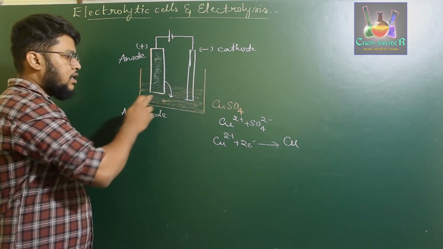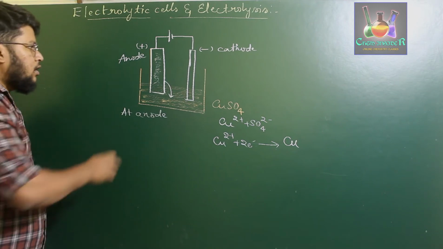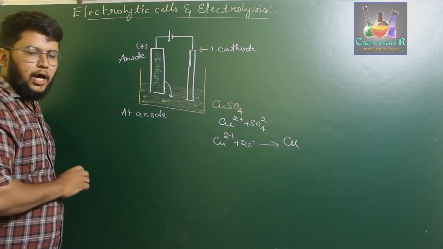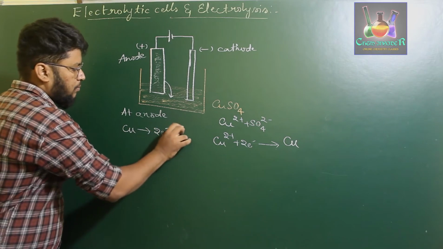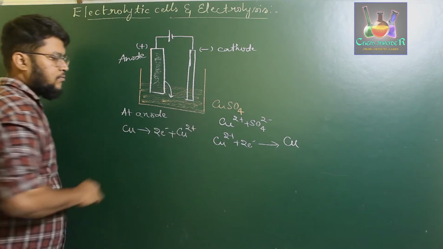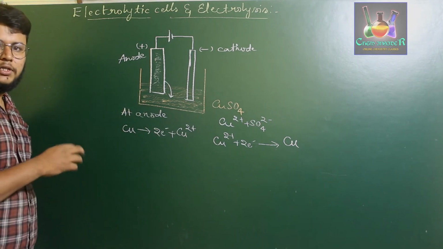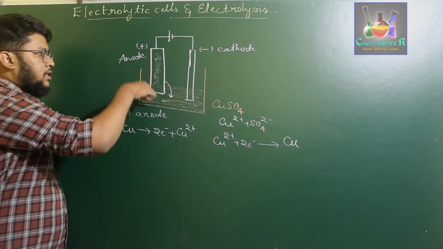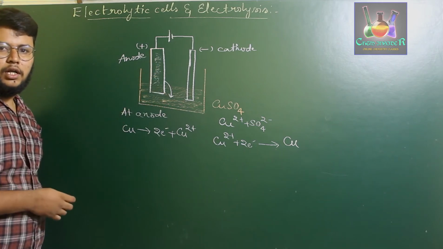Now, since there is a deficiency of Cu2+ inside the solution, the copper metal present in the impure strip of the anode will lose electrons to form Cu2+. The impure copper strip undergoes a reaction where the metal present in the strip dissolves inside the solution by losing electrons.